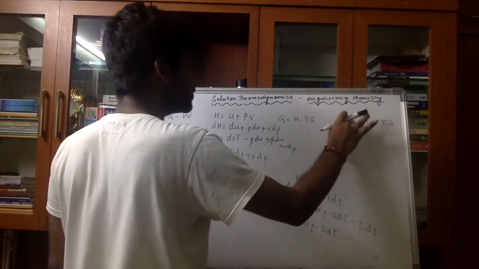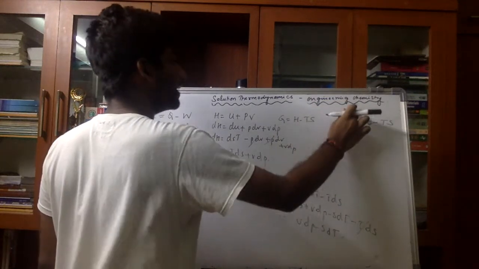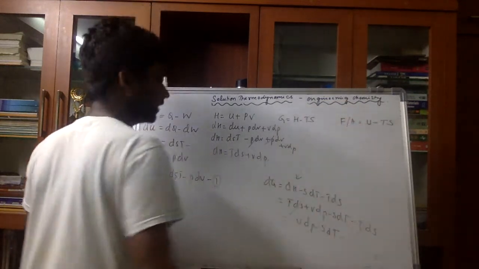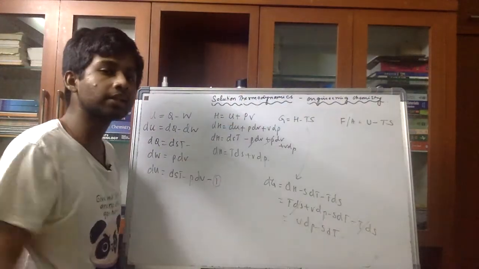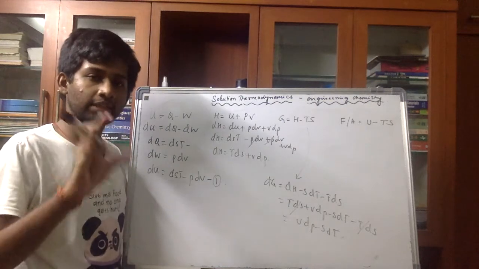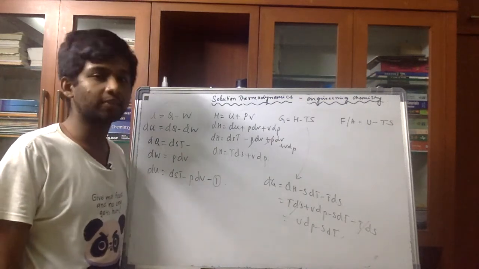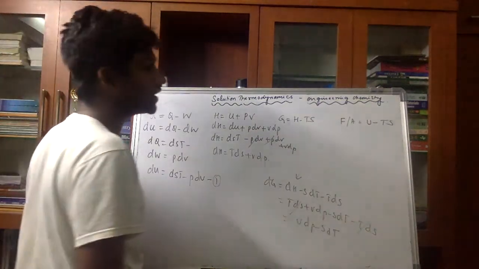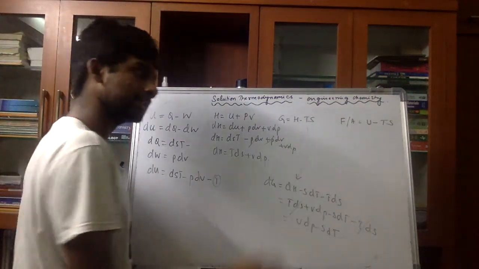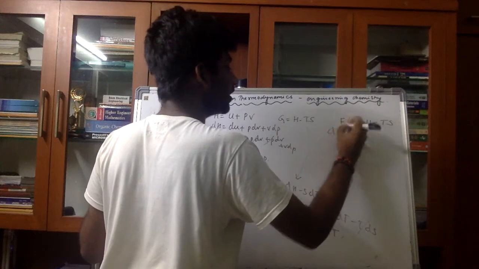Next is a concept which we haven't seen at all, which is the Helmholtz potential. Again, as I said, for now you know the word and the equation, and when I make the other videos, I will give you a detailed description of what Helmholtz potential is. Helmholtz potential is equal to U minus TS. Differentiate, you can write it as dF or dA.